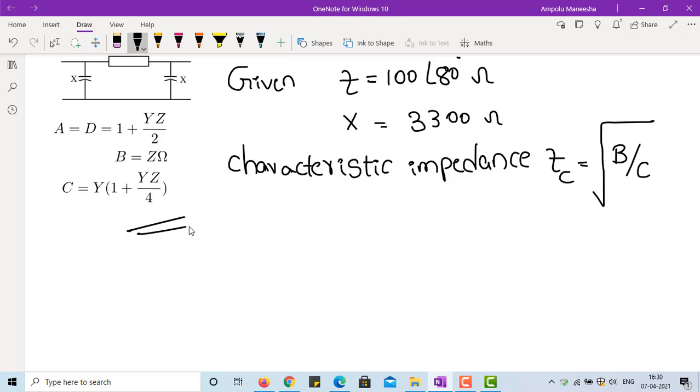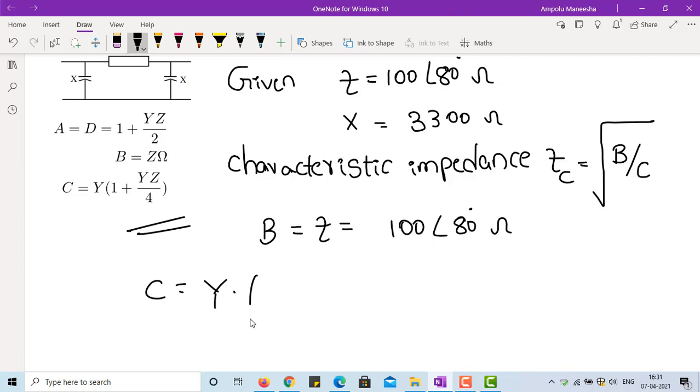From the ABCD parameters of the transmission line, B is equal to Z, which is 100 at an angle 80 degrees, that is in ohms. Now we need to find out the value of C. C is equal to Y into 1 plus YZ by 4.